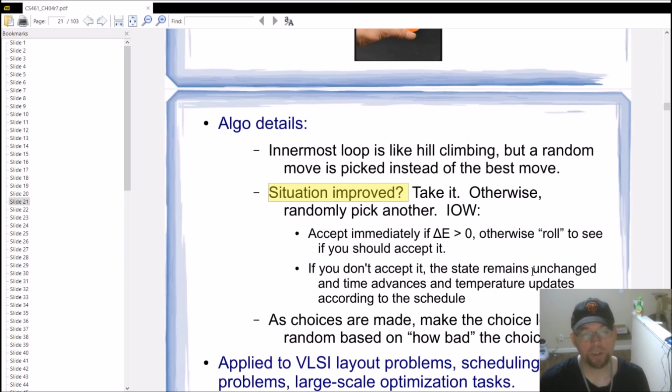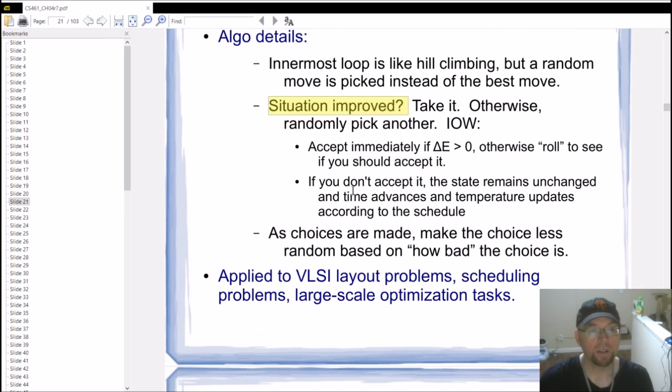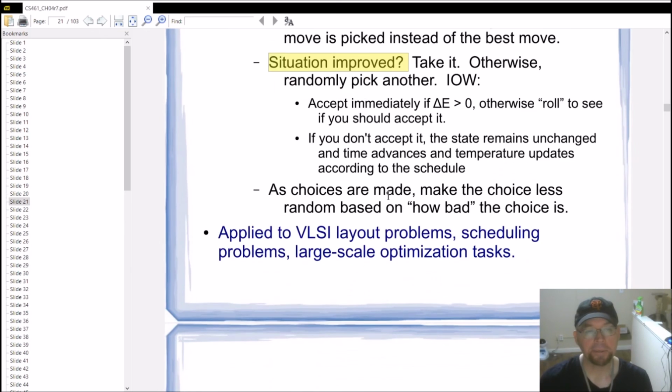And then the temperature, that measurement that we were talking about, updates according to a schedule. You're going to see this math in just a second. As those choices are made, the amount of randomness starts to shrink, and that's based off of how bad the successor nodes, or those choices that lead to successor nodes, are.